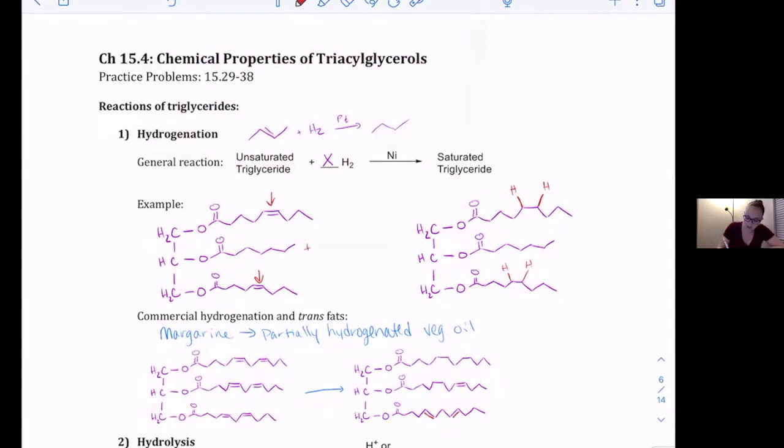And then we would add in this case, two hydrogens, and then our catalyst. So I'm just going to put nickel on here. And then you can see that it's going to hydrogenate those alkenes. So where we had double bonds before, now we have single bonds, and the hydrogen is added across that alkene.